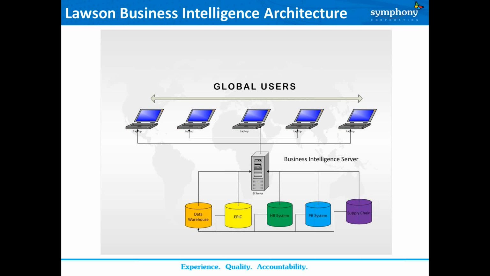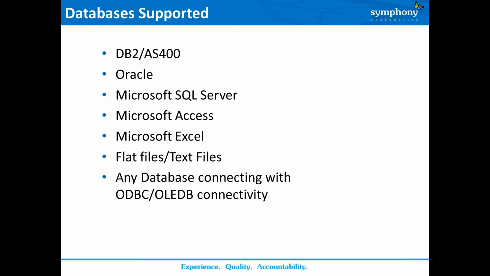This server can be connected to different systems. It's not only the Lawson system database it can connect to. It can be connected to Oracle, SQL Server, Access or any other database system that can be connected via ODBC or native OLEDB connectivity, and distribute the reports. So this is the overall architecture of LBI.